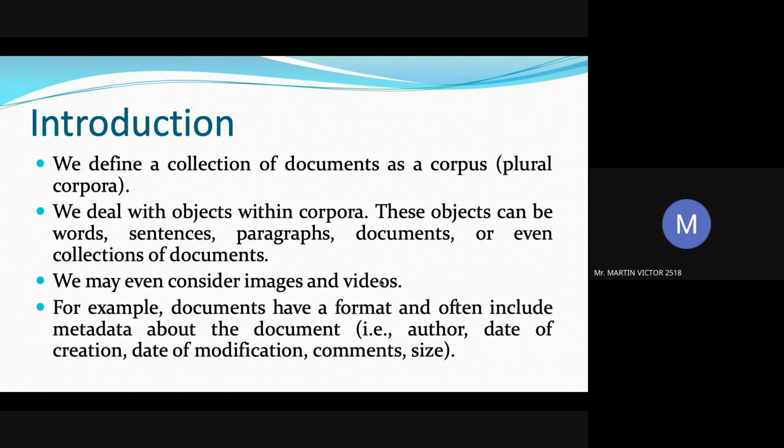These are terms used exclusively in data visualization related to text. A corpus is nothing but a collection of documents, and the plural of corpus is corpora. So please remember these two terms.